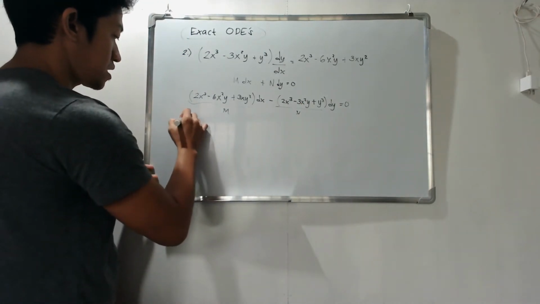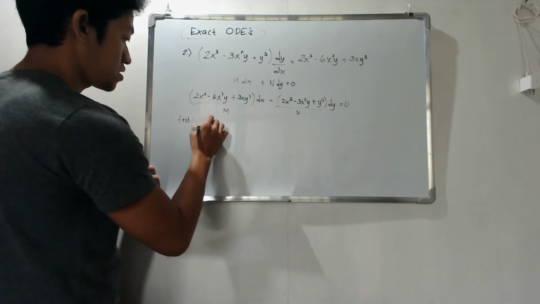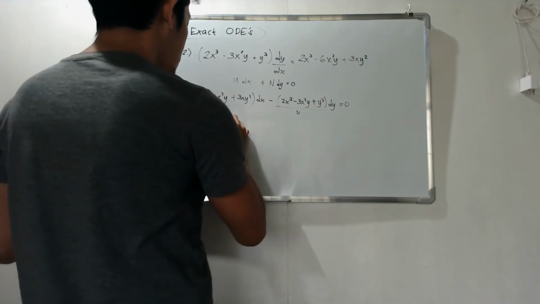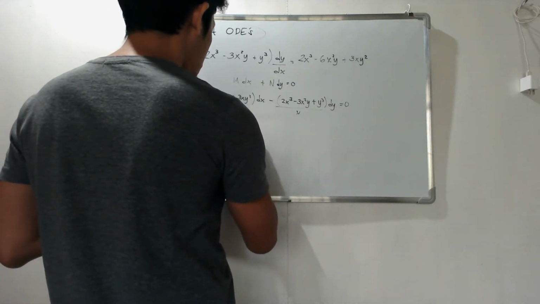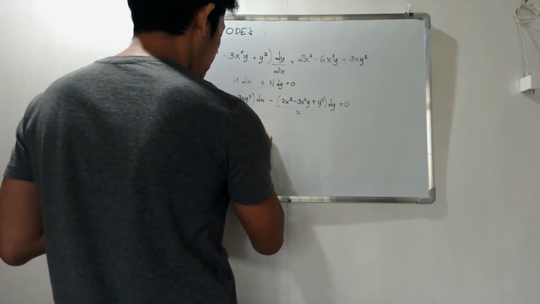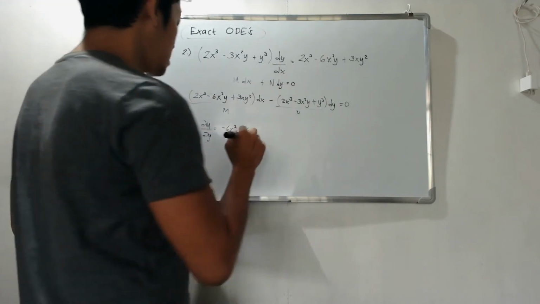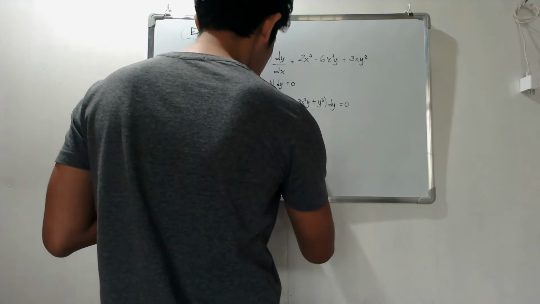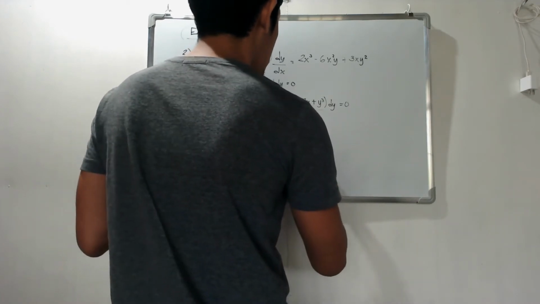So let's have the test for exactness. Partial of m with respect to y is equal to partial of n with respect to x.